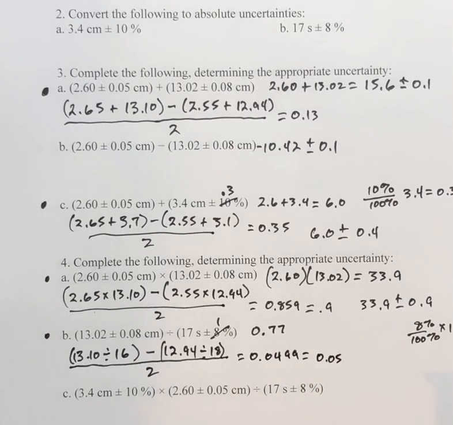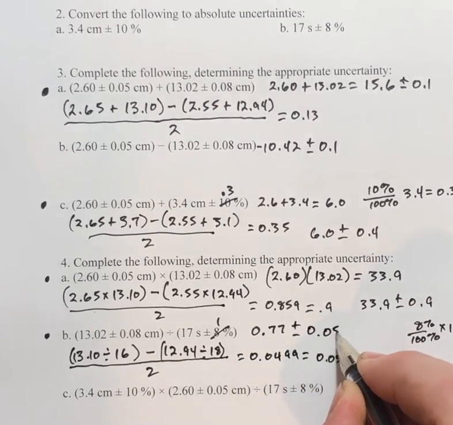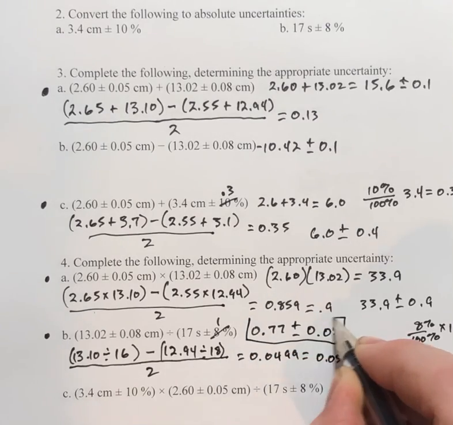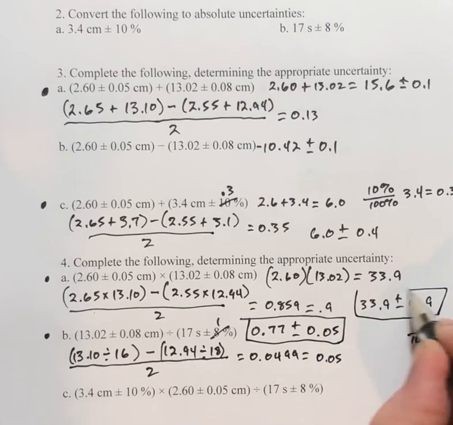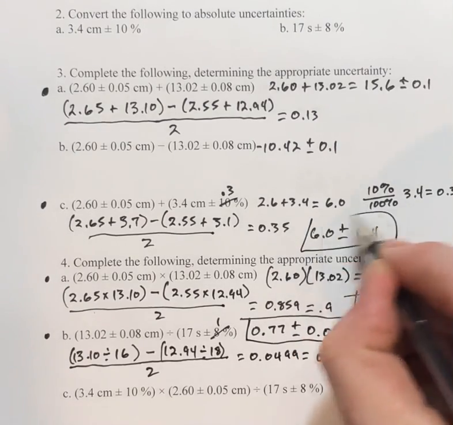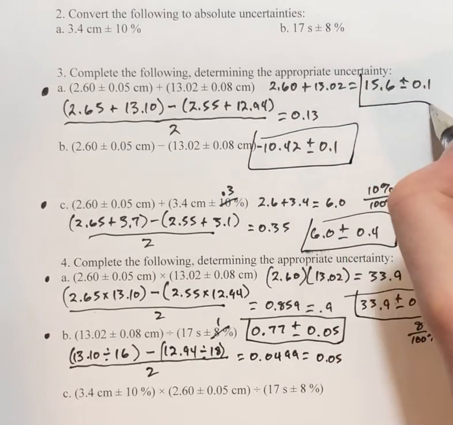So our final answer is going to be 0.77 plus or minus 0.05. So there's the answer to that. This is the answer to this one. This is my answer here, my answer here, and my answer here. Okay.